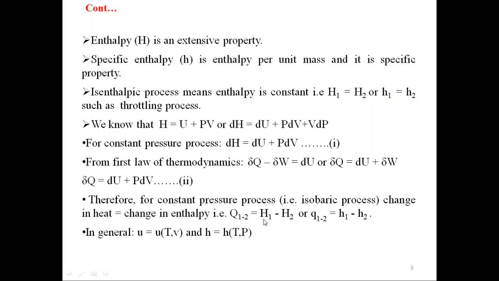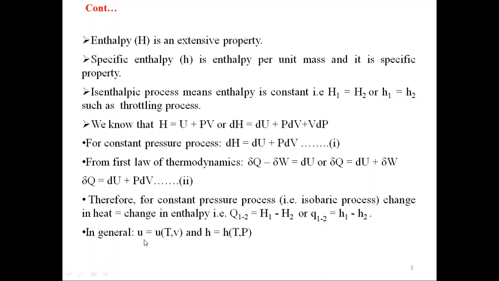We can say Q12 is H2 minus H1, or small q is equal to small h2 minus small h1 for the process 1 2. A constant pressure process is also known as an isobaric process. So the heat transfer during a process is equal to the change in enthalpy.